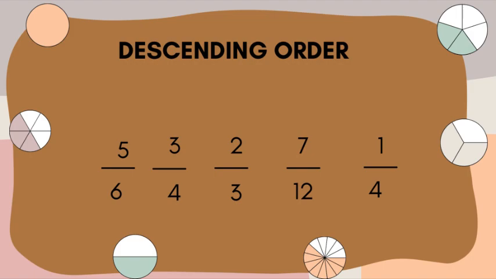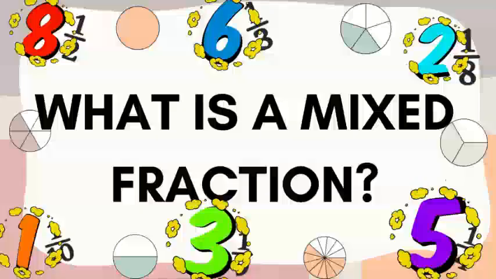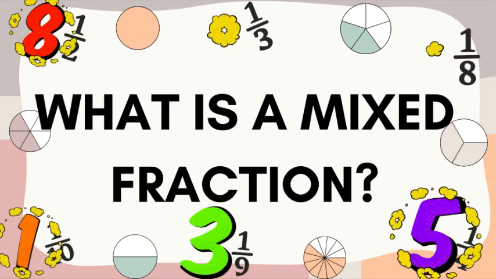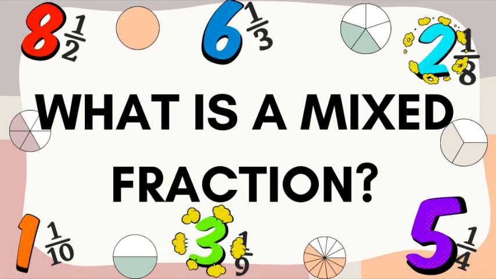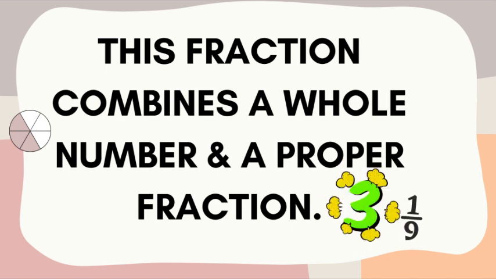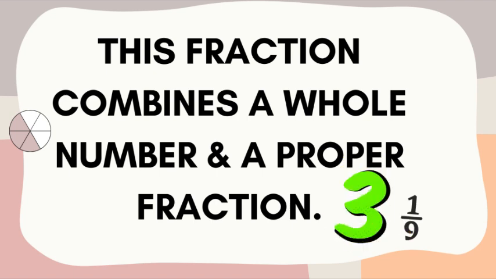Let's take a look at mixed fractions. What is a mixed fraction? This fraction combines a whole number and a proper fraction. As you can see, we have 3 and 1 over 9. 3 is a whole number and 1 over 9 is the proper fraction.